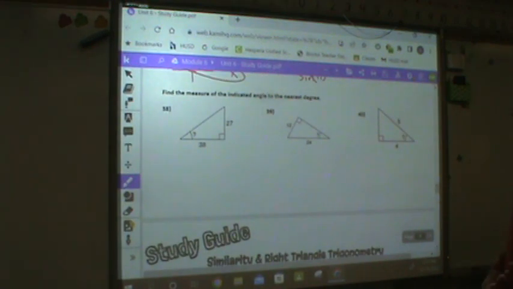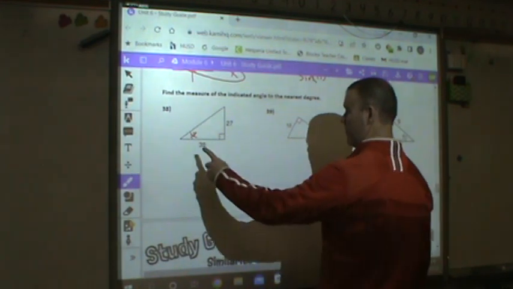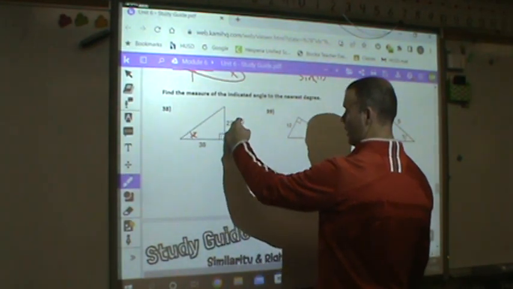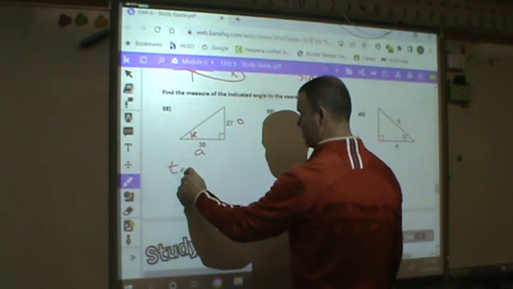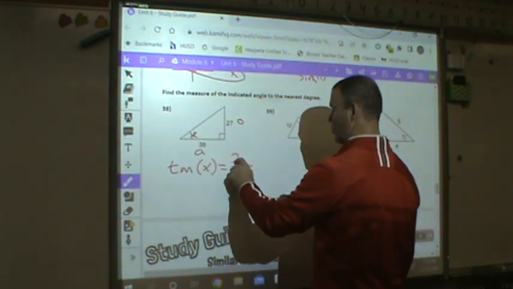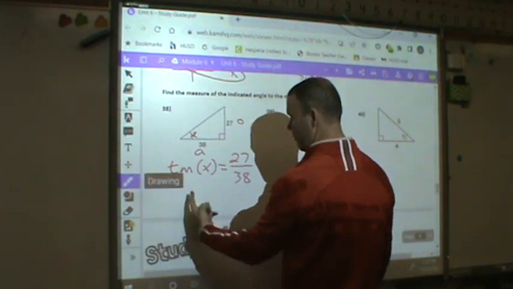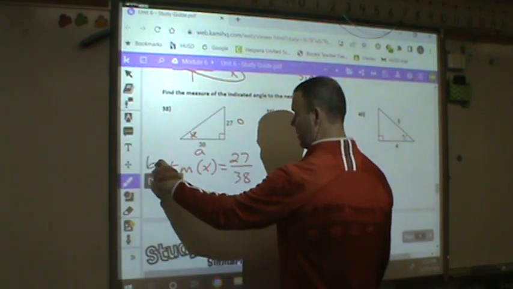38, they're asking you to find a degree. 39, 40, same thing. My degree is my variable. From the degree, opposite and adjacent is what I know, so that is a tangent function. Tangent of x is opposite, 27, over adjacent, which is 38. And how do we get rid of the tangent to get the x by itself?